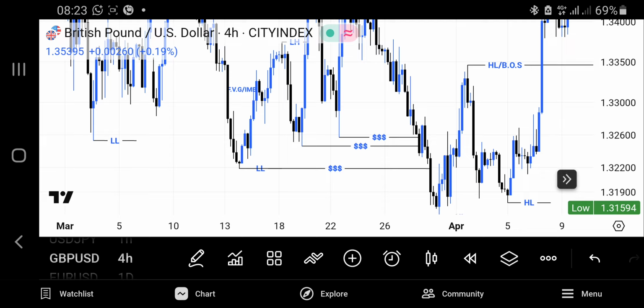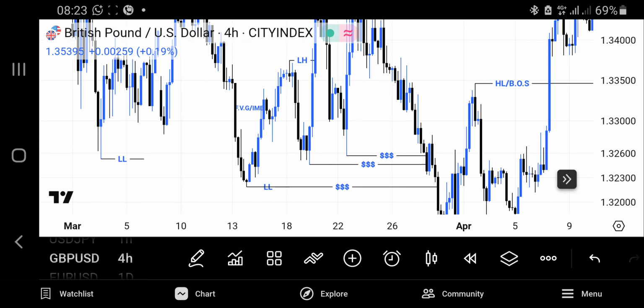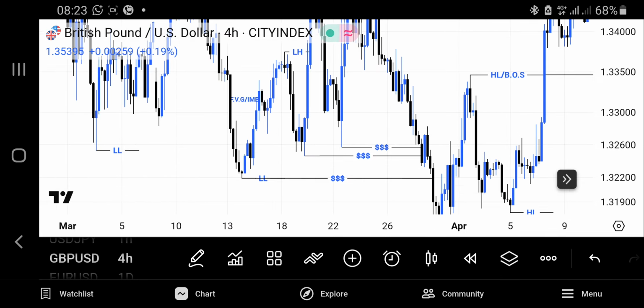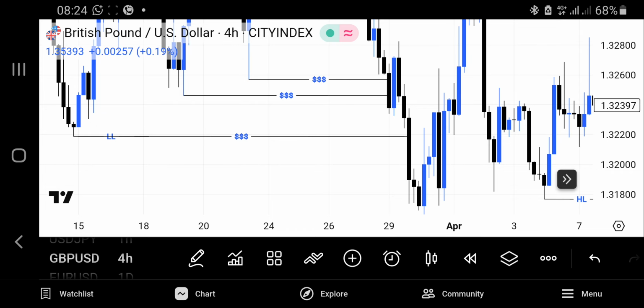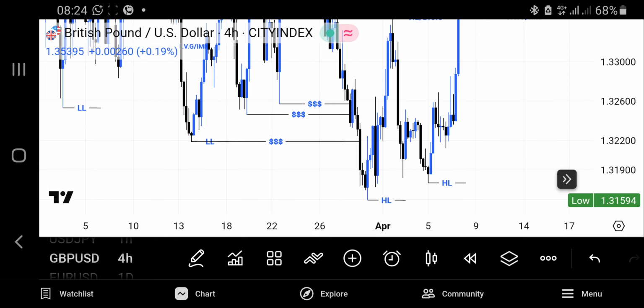This is the SSL, SSL liquidity, SSL 1, 2, 3. The market came back to fill those zones. You can see it. 1, 2, 3, filled it, then the change of range.